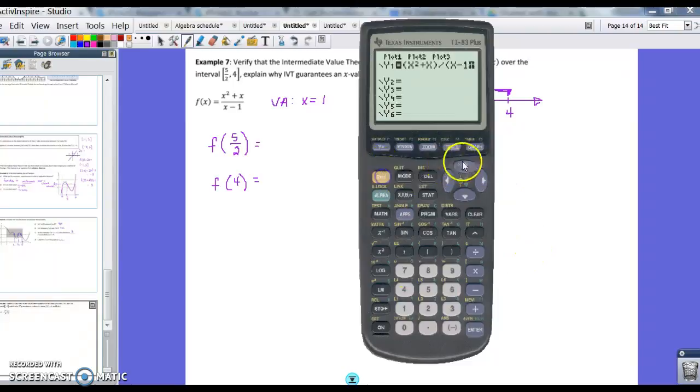If we take a look at the table, I can just put these in. We put in 5/2 or 2.5, and that tells us what our y value is. That was 5.8333. Then we do the same thing for f of 4. You'll see those first two entries in the calculator have changed. So I got 5.83 repeating and 6.6 repeating.